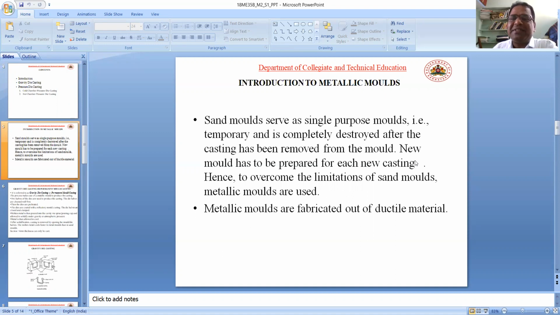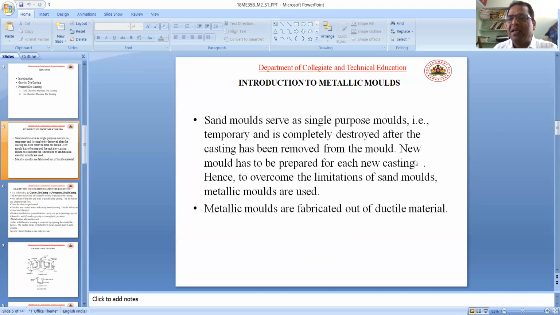Sand molds serve as single purpose molds, that is, temporary, and are completely destroyed after the casting has been removed from the mold. A new mold has to be prepared for each new casting. Hence, to overcome these limitations of sand molds, we are going to use metallic molds.